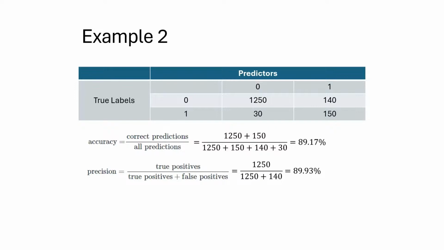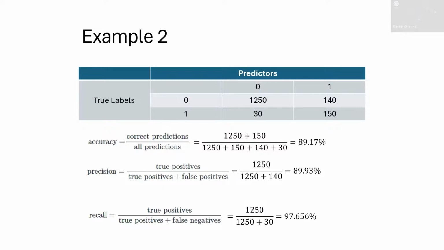And the last one is called recall. So now the numerator contains the true positives, but the denominator remains on the same level, because the denominator for recall is true positives plus false negatives. So it remains on the same level. So that's recall.